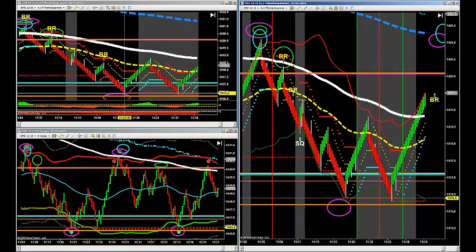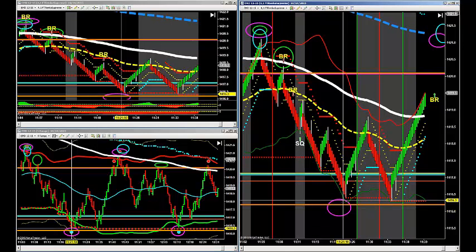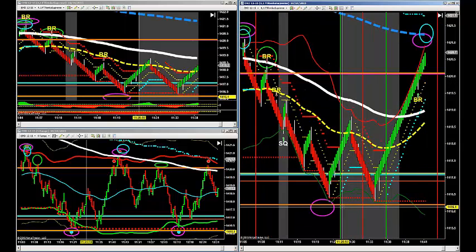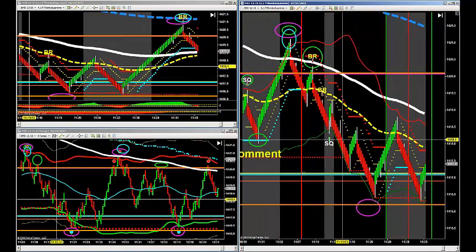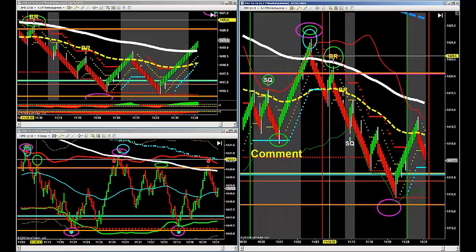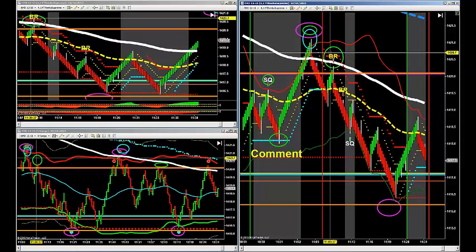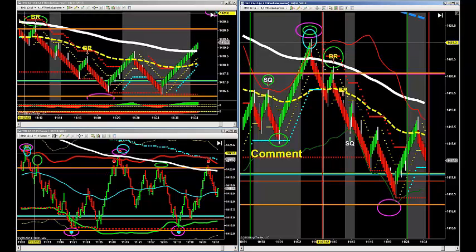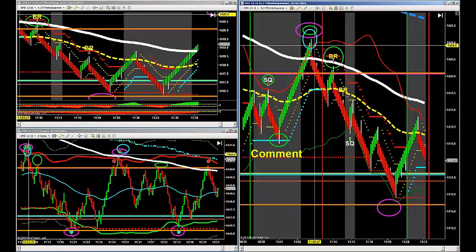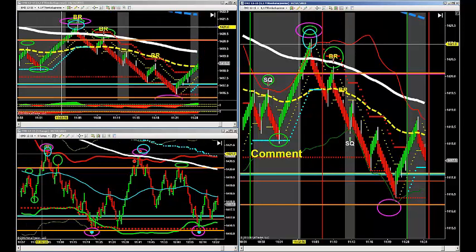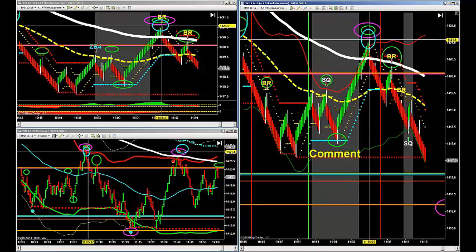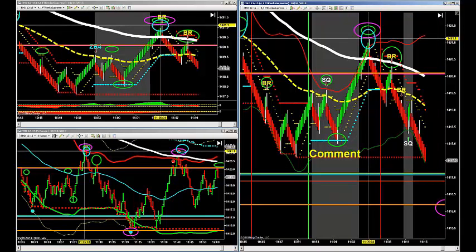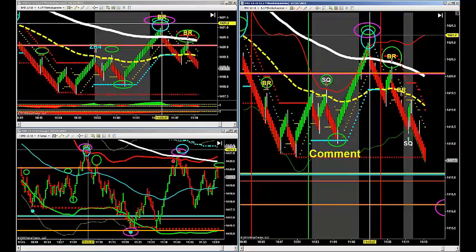And by the way, if you had gotten in there with a stop below that DPTL, you would have been fine. Just depends how you manage it. Here we've got on the right-hand side a BR with a first BR after the short-term trend change. But then right at that peak right next to it, let me bring this over a little bit. So right here, I got all kinds of ellipses going on. We've got a BR signal from the trending chart.